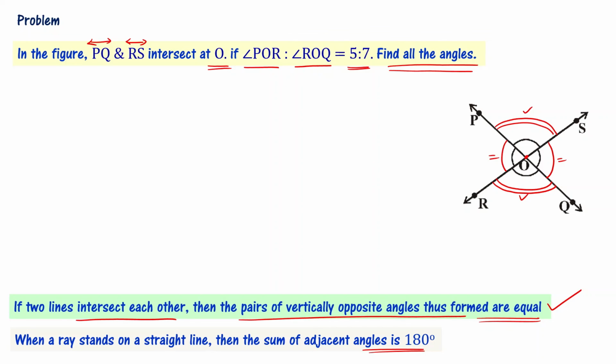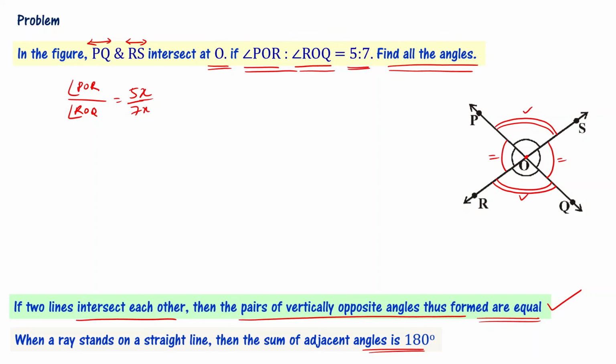Now, to begin with, let's take this ratio given. Angle POR is to angle ROQ. Let me write this as POR by angle ROQ is 5 by 7. Let me write it as 5x by 7x. So angle POR divided by angle ROQ is going to be 5x by 7x.